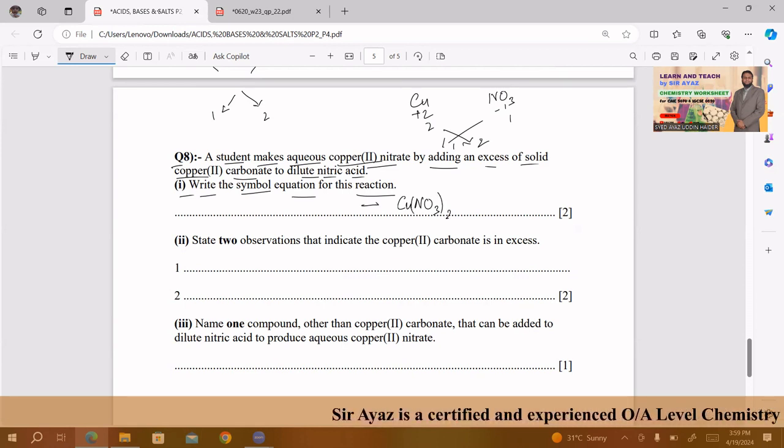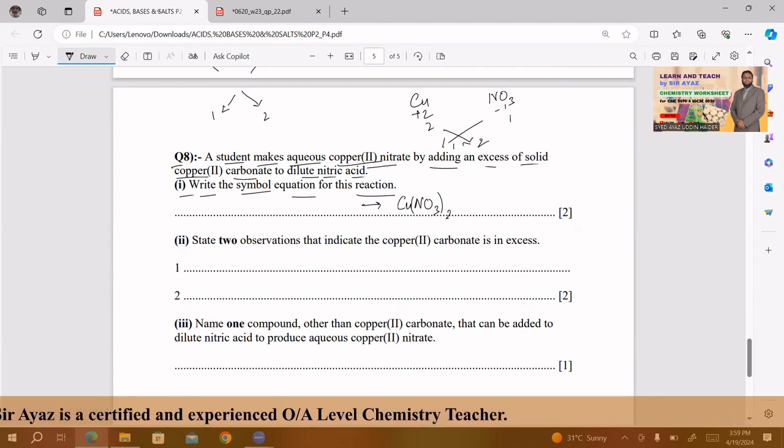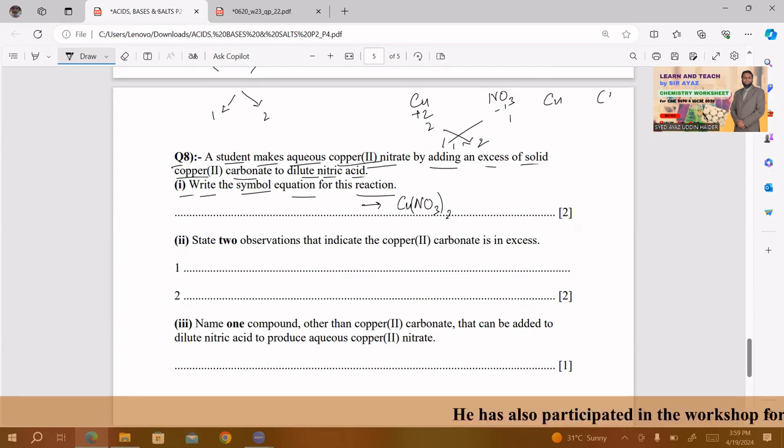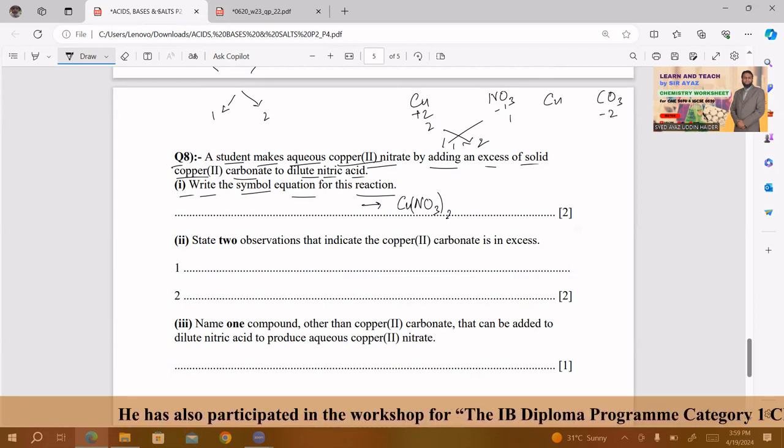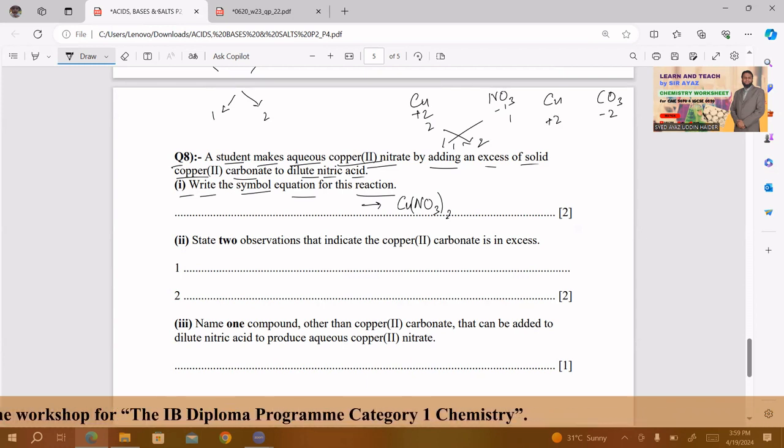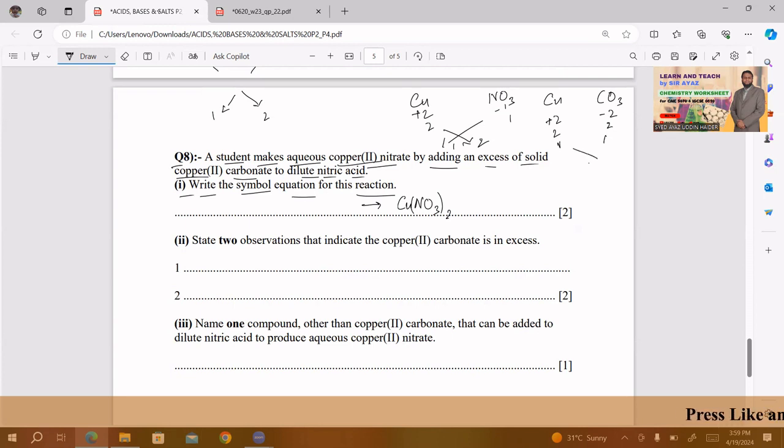And what are we reacting? We are reacting copper 2 carbonate with dilute nitric acid. Copper plus 2, carbonate ion carries minus 2 charge. Ignore the charges. So these are the same numbers and will be cancelled out.